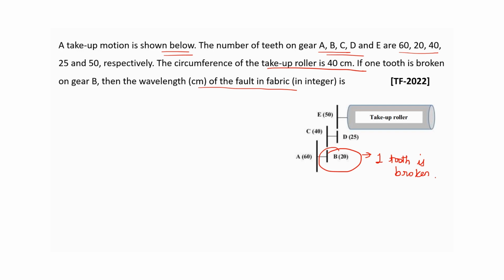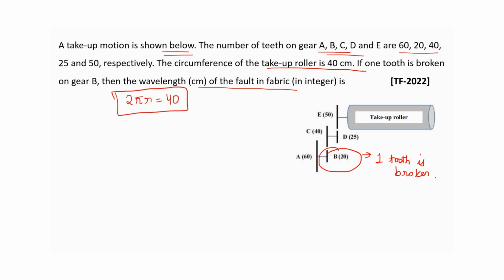If the circumference is given as 40 centimeter, then we can say that 2 pi r is 40. It is given. Now, since B is taking 4 rounds, C will take 2 rounds at the same time.